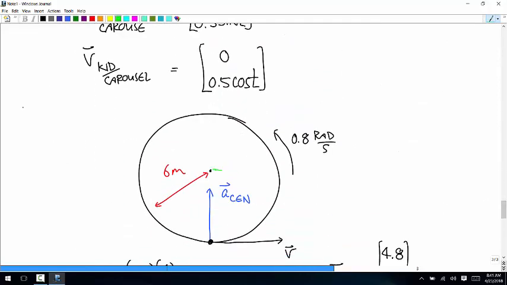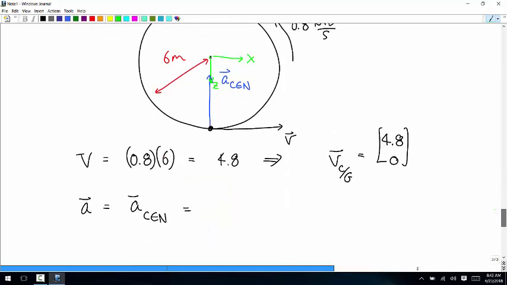Yeah, that's a pain. And so now the centripetal acceleration is in the negative z direction.